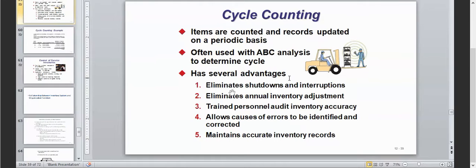Jadi kita ni kita tak akan semak secara detail sangat lah. Kita akan tengok pada rekod saja. Kita tak check pun kat store betul ke tak betul, kita tally ke tak tally dengan rekod yang kita ada. Jadi kita akan tengok, dalam sistem ada okey banyak ni, kita akan sign je lah.